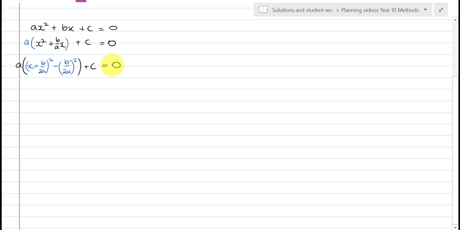So go back to that completing the square method, and you'll note that this is our process. It's just algebraic at the moment. I've divided the b over a by 2. I put that in my x plus b over 2a and square that, and then I subtract that extra b over 2a all squared. And now I'm going to follow through the usual process.